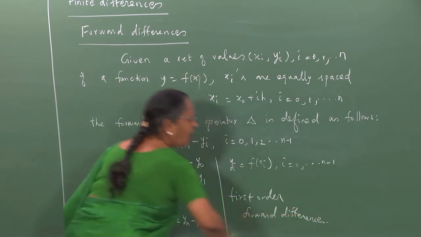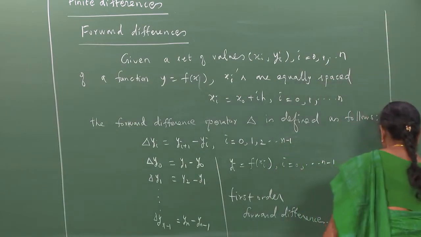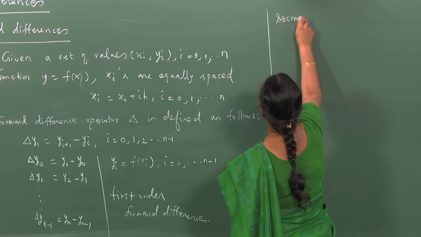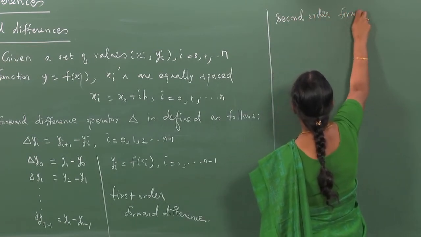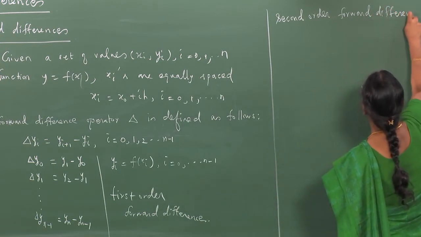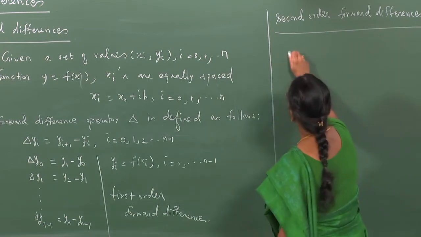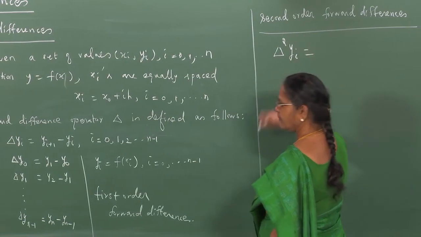The higher order forward differences can be similarly obtained. Say if I want the second order forward differences, then I would like to get what is del square on yi.